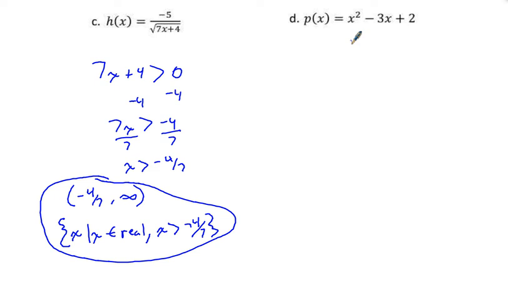This particular function or relation has no denominator, and there are no even-powered roots. So we have nothing that could be restrictive of x, and therefore the domain is all real numbers. And this, for example, is a parabola.